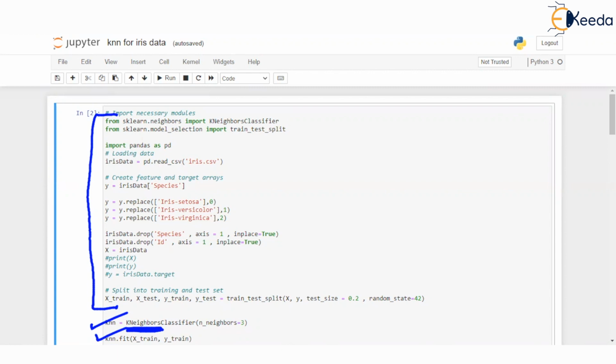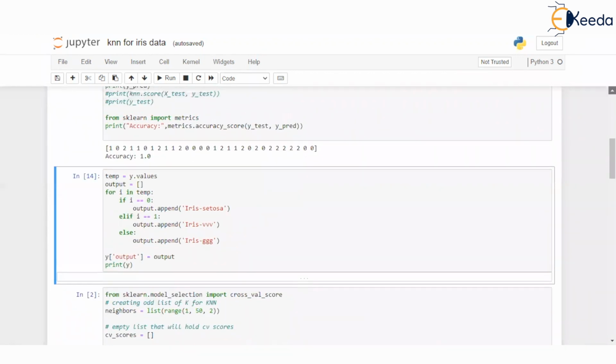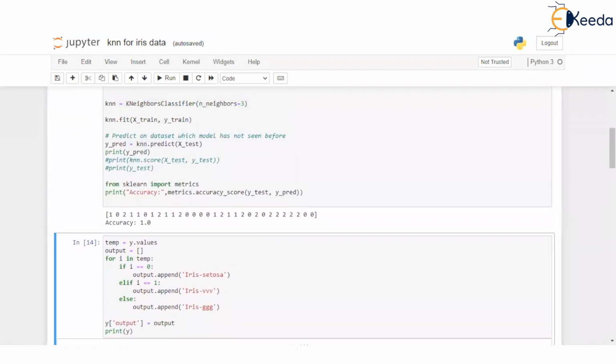That's it. In fact, even this line won't change. I'm so sorry. Only this line, one line will change. So actually KNN algorithm can be implemented in Python using a single line. And of course, later you have one more line, which is predict.